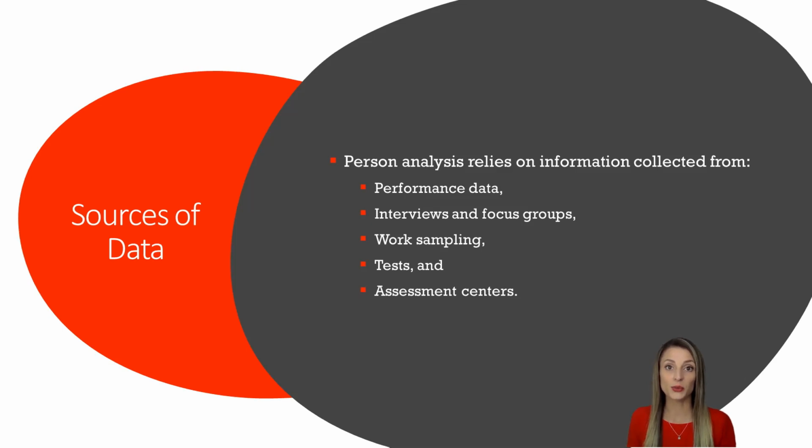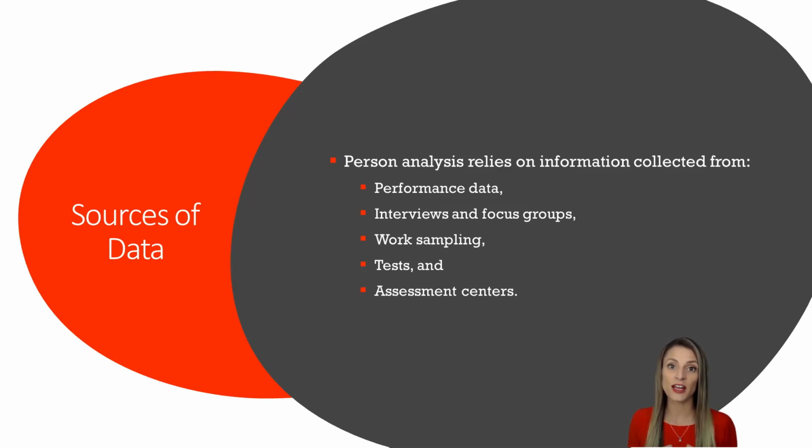This process relies on data from these sources. Reviews of objective performance data from the appraisal process, information gathered from tests, assessments, assessment centers, work samples, and from interviews and focus groups with subject matter experts.